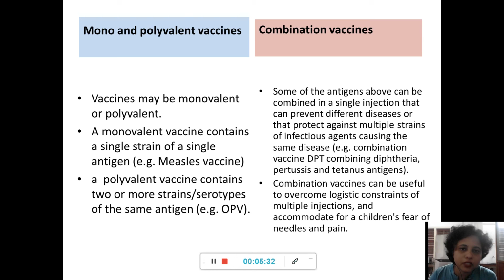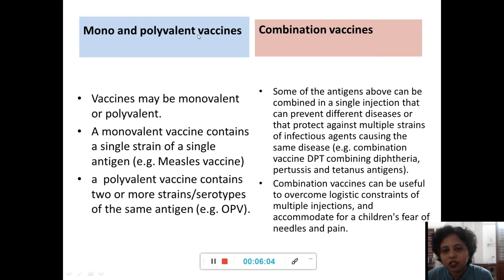Now come to the next type of vaccines. Don't confuse monovalent and polyvalent vaccines with the combination vaccine. That is not the same thing. I just kept it separate so that you can understand. In a combination vaccine, several antigens are combined in a single injection that can prevent different diseases, or protect against multiple strains of infectious agents causing the same disease. For example, the DPT vaccine combats three different diseases: diphtheria, pertussis, and tetanus.